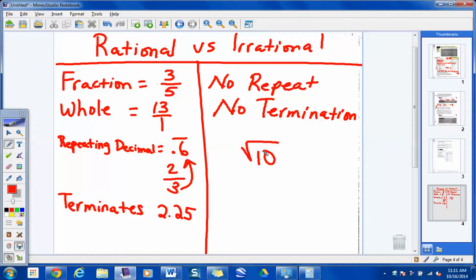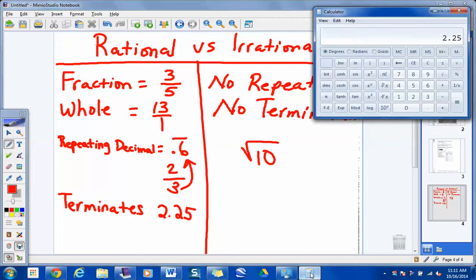Quick question. Is 10 one of my perfect squares listed up here? Let's see, 9 is listed and 16 is listed, so is 10 listed? Okay, go to my calculator. I'm going to punch in square root of 10. Oh boy. First of all, did it fill my window up? Yes.